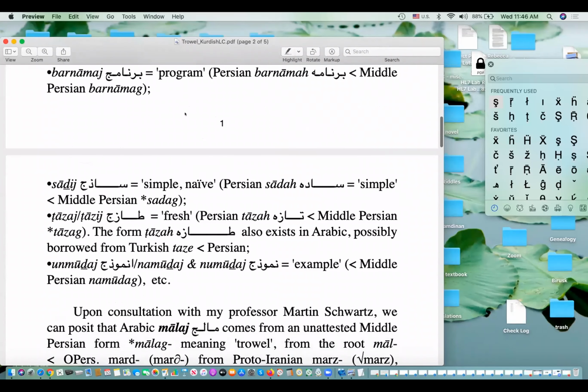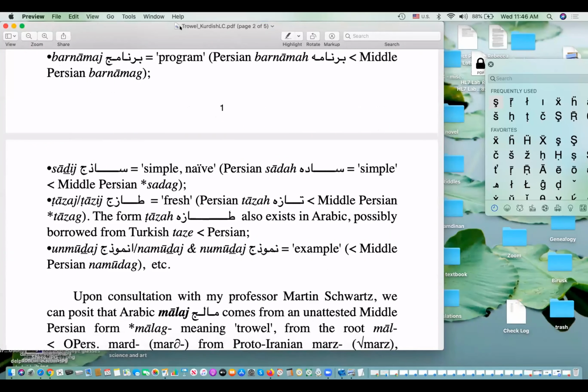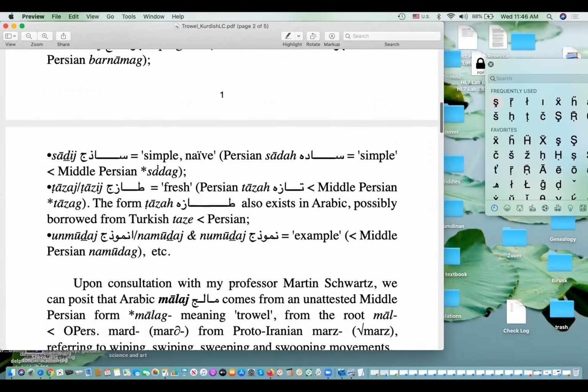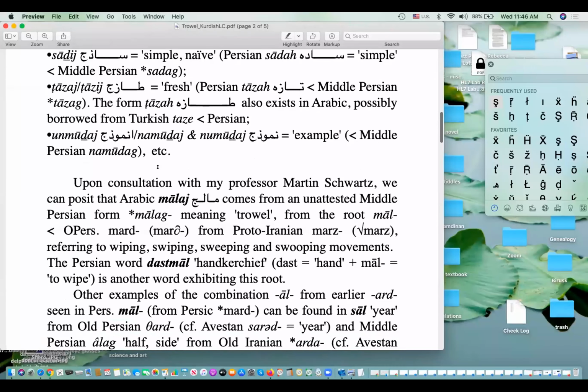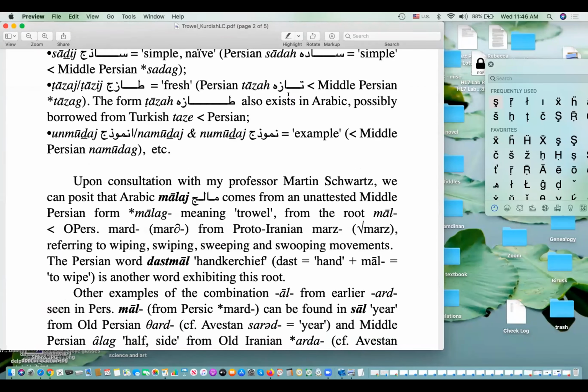And then such words as sadaj, simple or naive, Persian sadeh, from Middle Persian sadag. And sada also exists in colloquial Arabic, qahwa sada, for instance. And tazaj, or tazij, fresh, Persian tazeh, from Middle Persian tazag.